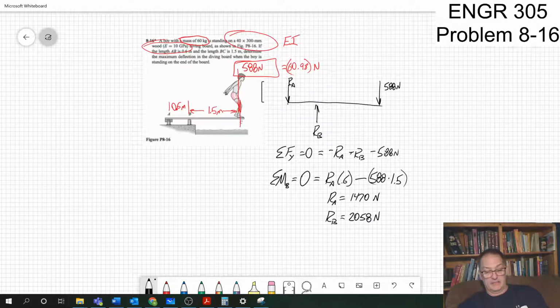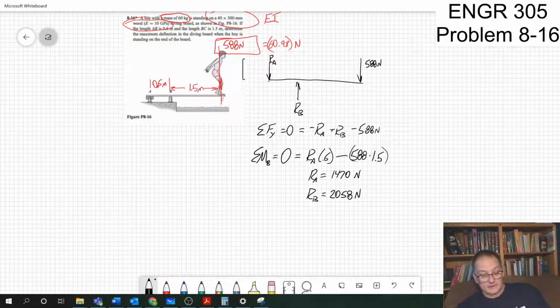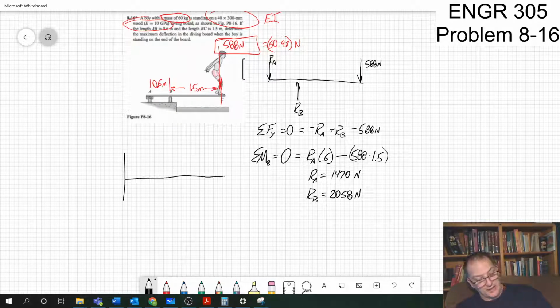I've got my reactions. Now if I wanted to, I could draw a shear diagram as a function of x. I would be at minus 1470, and then I would pop up to 1470 minus 588, because all the way at the end here I drop down.